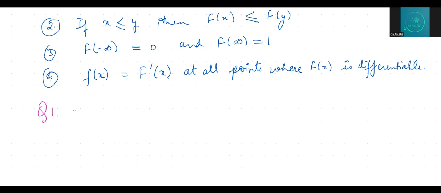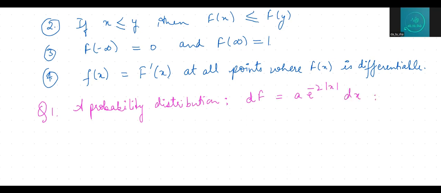Consider a probability distribution given to us as dF is a times exponential function e raised to power minus 2 mod x dx, where x is lying on the real line.